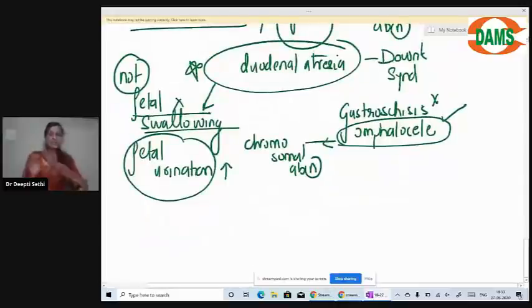So a single MCQ, but with a lot of integration. You had to know about poly, you had to know about Downs, you had to know about the etiology of polyhydramnios, how it happens. You had to integrate it with a clinical finding, which is chromosomal abnormalities, and then reach the answer.